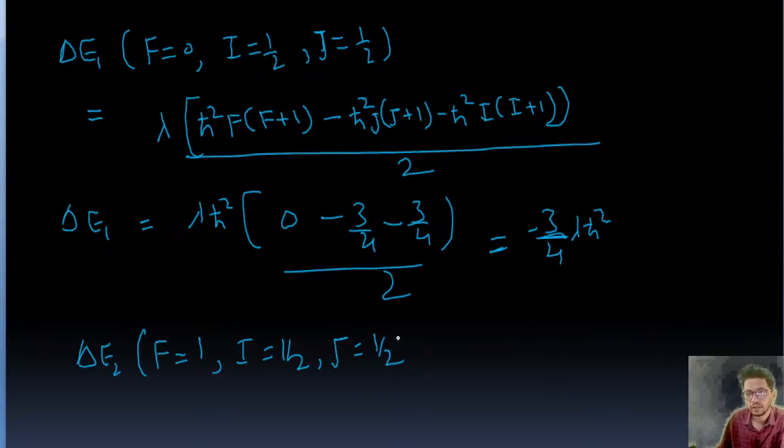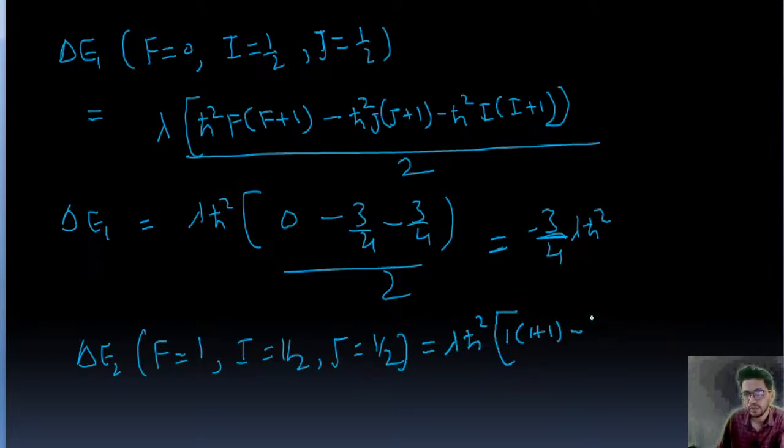Again, this value is going to be lambda h cut square. Now I'm putting the value directly. So this is going to be, the f value is 1, right? So 1 into 1 plus 1 for f, right? Minus j.